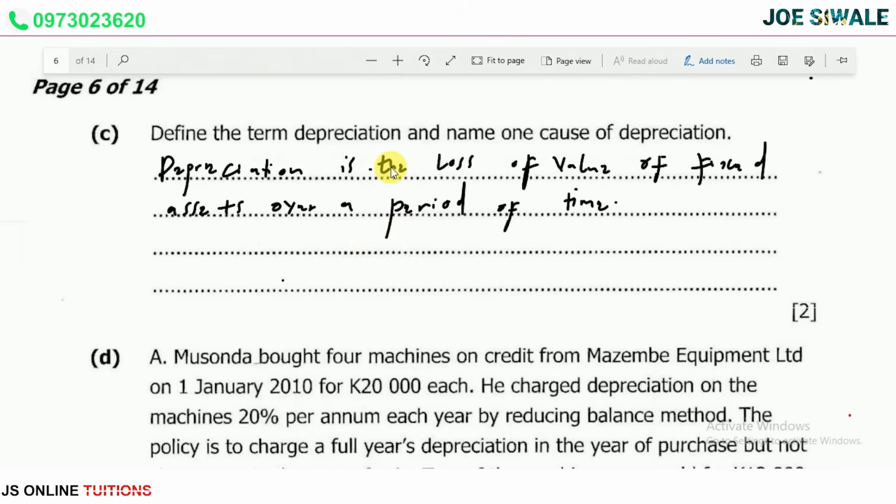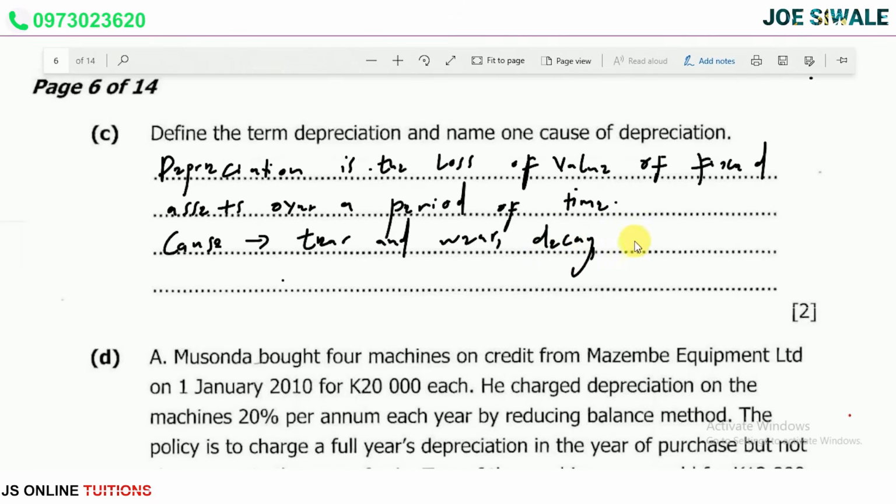And the other part of the question reads, and name one cause of depreciation. So we need to name one cause of depreciation. So I'll give you some of the causes. Depreciation can be caused by wear and tear. Then the other cause is decay.